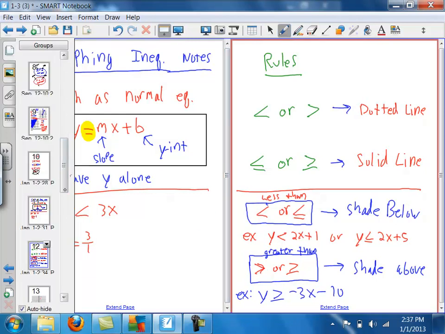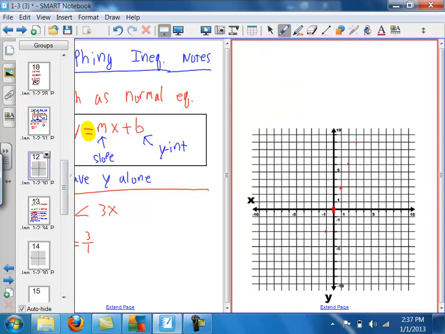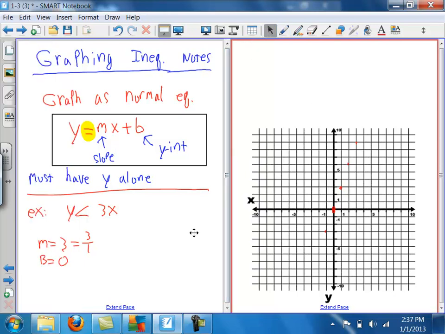So now let's get these rules out of the way so we can work on this problem. Hopefully you have those rules in front of you, since I'm printing these out for you. We've got to make a decision: are we going to dot this or solid it? We're going to dot it or dash it, whatever you want to call it. So our dashed line is going like this.